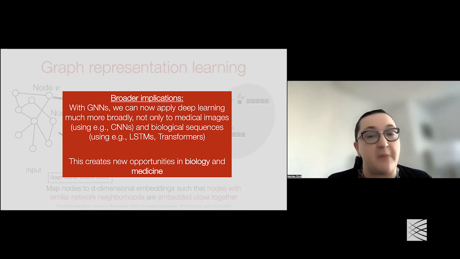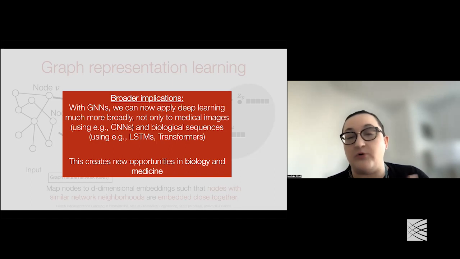So beyond just medical images, where we have already seen tremendous progress that architectures such as convolutional neural networks, recurrent neural networks, and recent transformers have brought on, and on biological sequences, we can now apply deep learning and representation learning on any kind of structured, complex data set. So this creates new opportunities in biology and medicine.